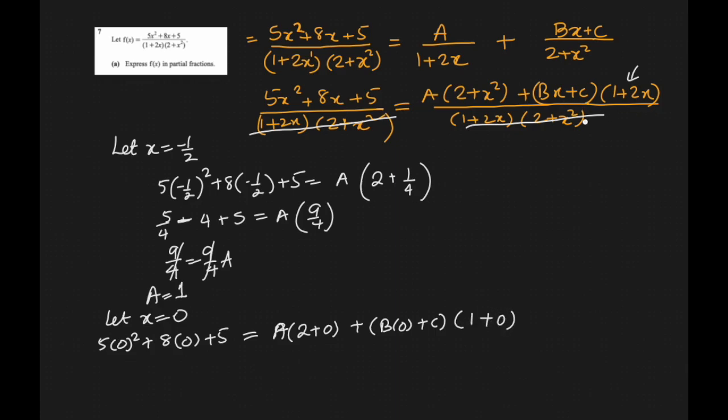So everything becomes 0 here. So this is 0, this is 0, only 5 equal to 2a, and this is 0 plus c. So a's value we already know is 1, so we'll substitute that. 5 equal to 2 times 1 plus c. C comes out to be 3.